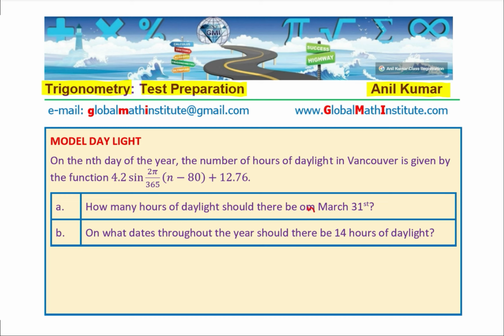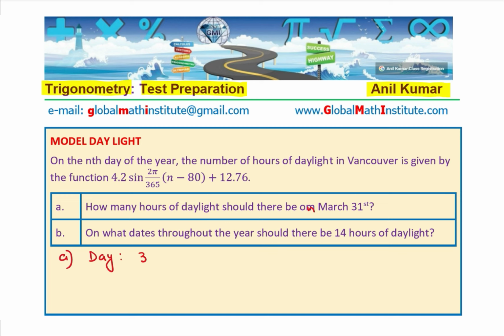You can always pause the video, answer the question, and then look into my suggestions. Now, part A is kind of clear. For 31st March, we have to figure out how many days it will be since the beginning of the year. So let's count the days till 31st March.